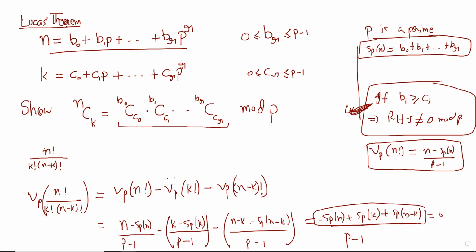Because the base P expansion of n minus k will actually just be B naught minus C naught. So for n minus k, the base P expansion will just be this, because of that nice condition.